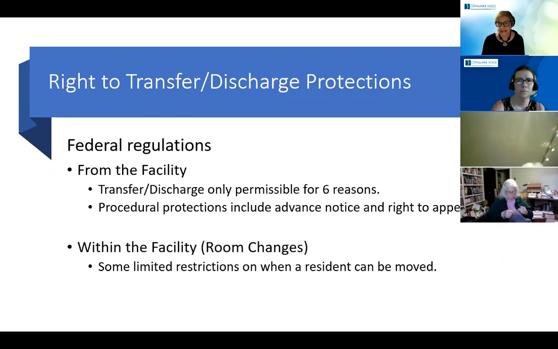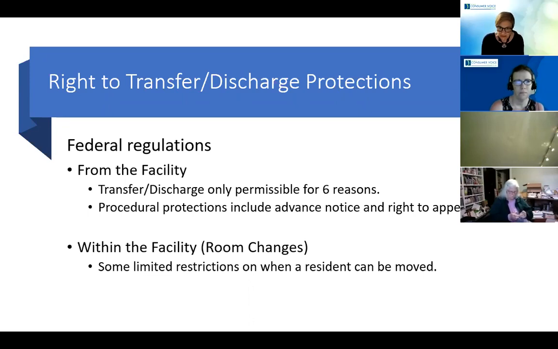The resident is endangering the safety of others. The resident is endangering the health of others, non-payment, and if the facility is closing. Thankfully, that last one doesn't happen very often, but that obviously is a reason for transferring or discharging residents.